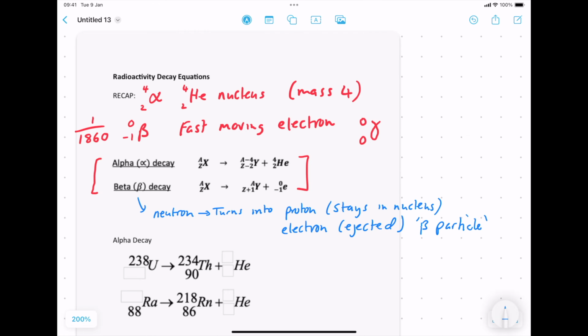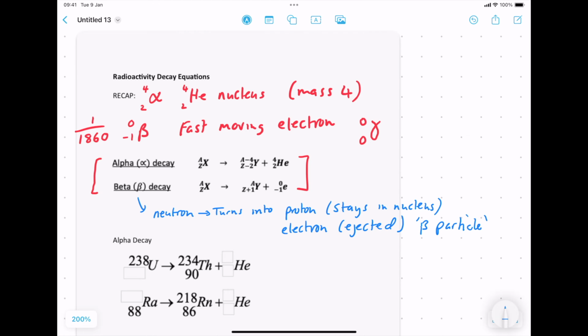So in the first one, we have 2 examples of an alpha decay. So we have uranium-238 has decayed to uranium-234, and an alpha particle has been given out, which is now being expressed as a helium nucleus, so this one. So immediately I can put in the numbers 4 and 2, and I can work backwards to work out the atomic number of the uranium isotope. So if I add 2 back onto 90, that gives me 92.